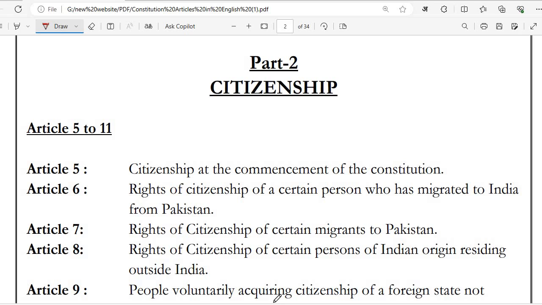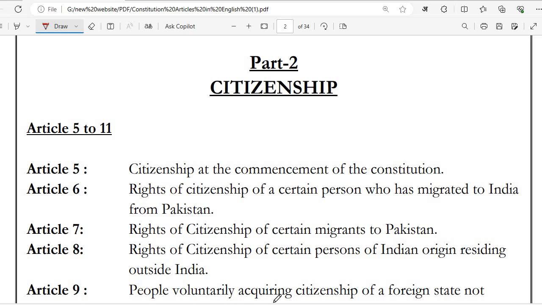For example, Article 5 says citizenship at the commencement of the Constitution. It means when the Constitution was implemented on 26 January 1950, at the time of commencement, all the people of India were provided citizenship under various categories like Articles 6, 7, 8.